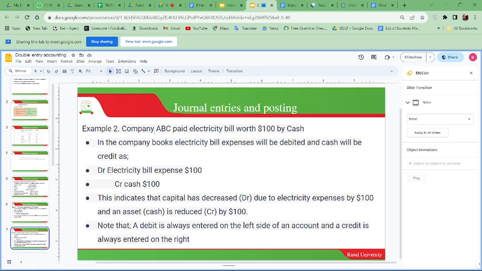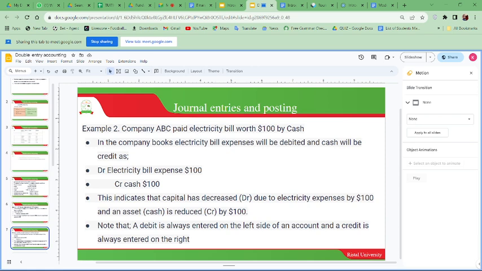When we look at company ABCD paid electricity bill worth 100 USD by cash, it means the company gave out its cash, which means the company was losing cash. And this cash is an example of an asset. When there is a decrease in an asset, we credit. When there is an increase in an asset, we debit.